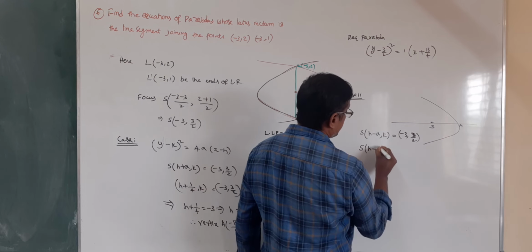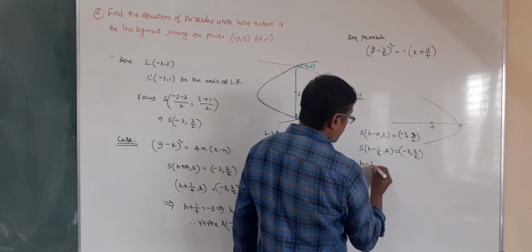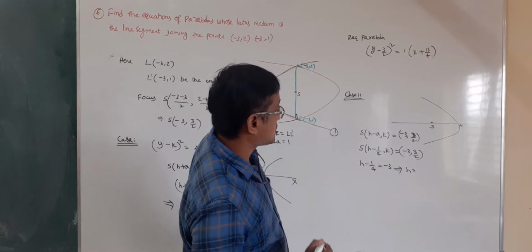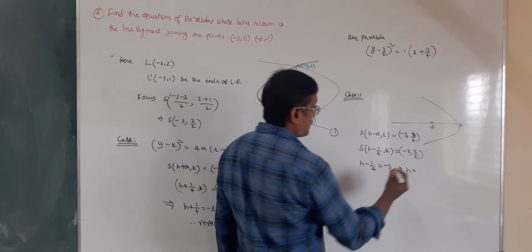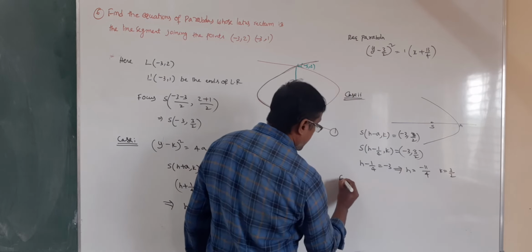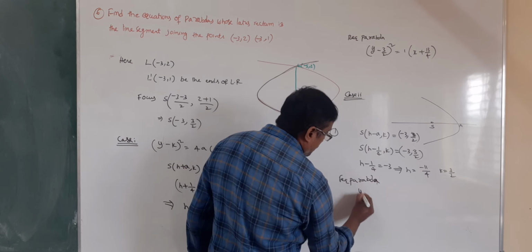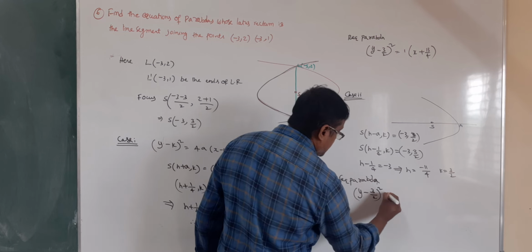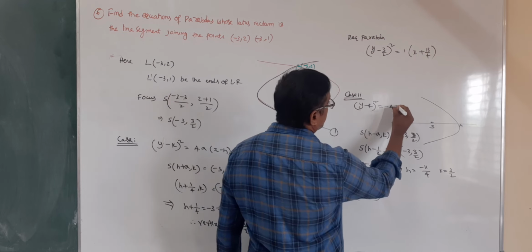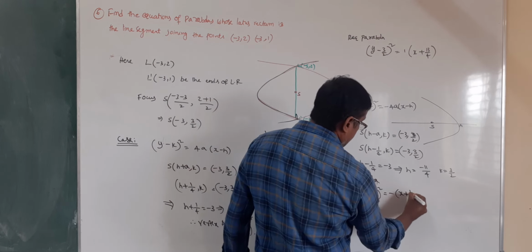So h - 1/4 = -3, with k = 3/2. h is equal to -3 + 1/4, so you will get -11/4, and k is obviously 3/2. So the required parabola will be (y - 3/2)^2 = -4a(x - h), that is -(x + 11/4).